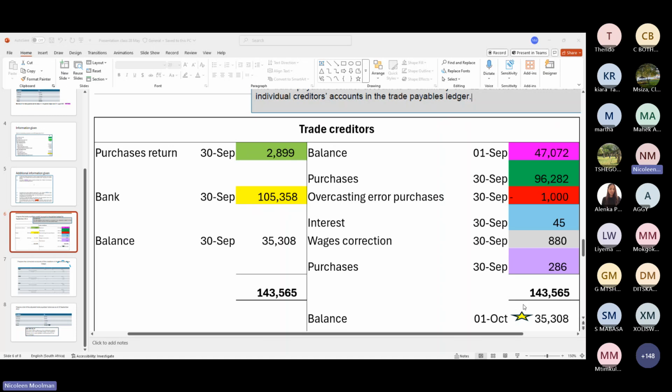I think someone is also saying trade payables control account. I'm not understanding fully there. If you can maybe just elaborate a bit. Trade payables control account, trade payables general ledger, same thing. And then someone was saying there's depreciation calculated using the produced units.